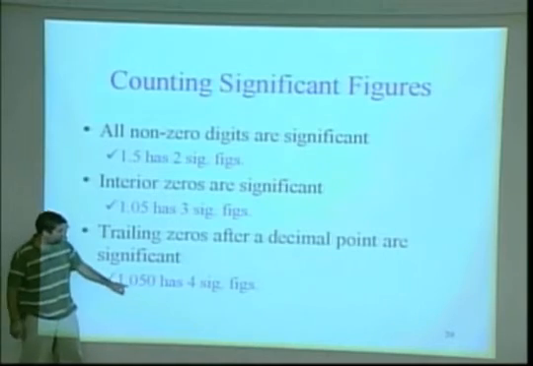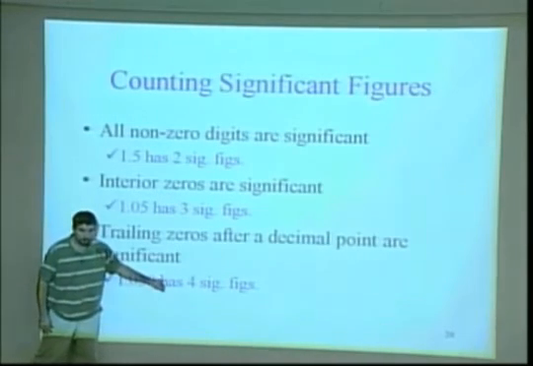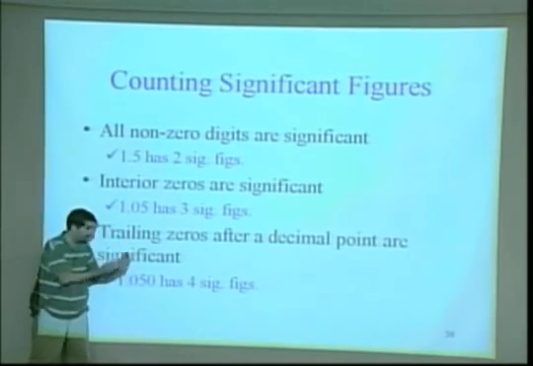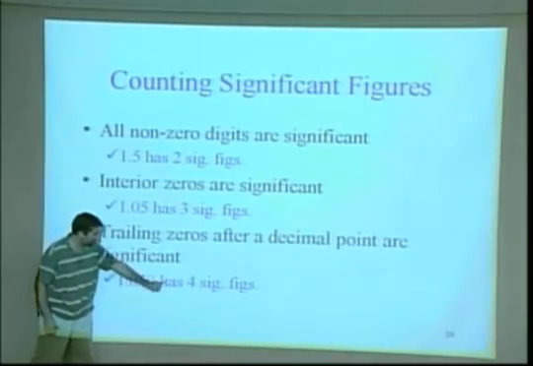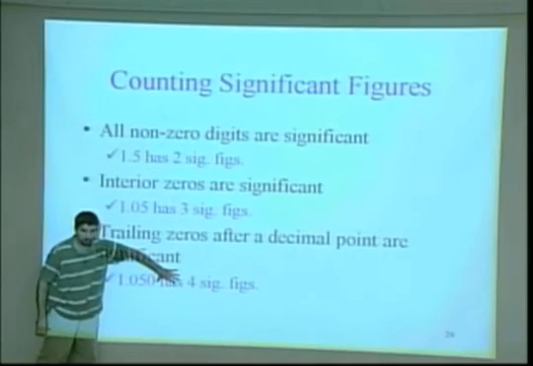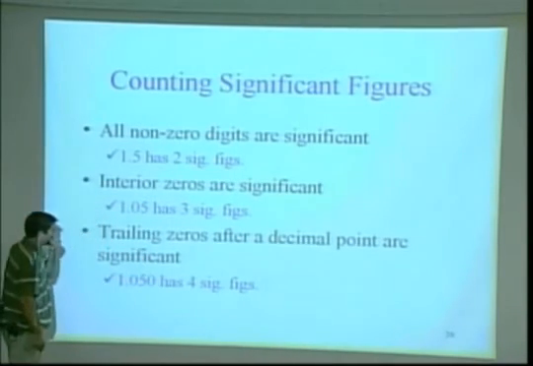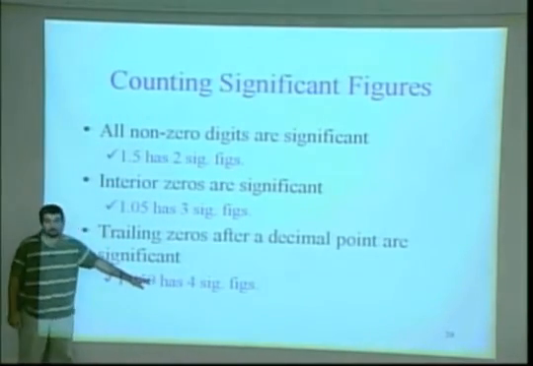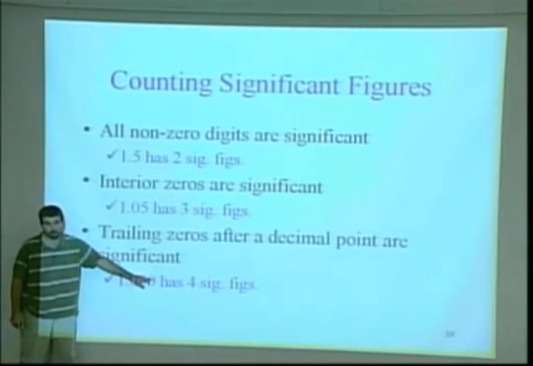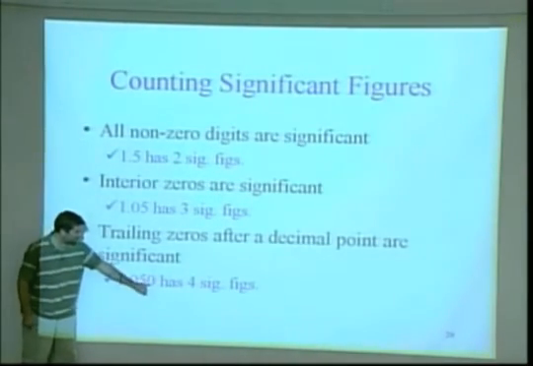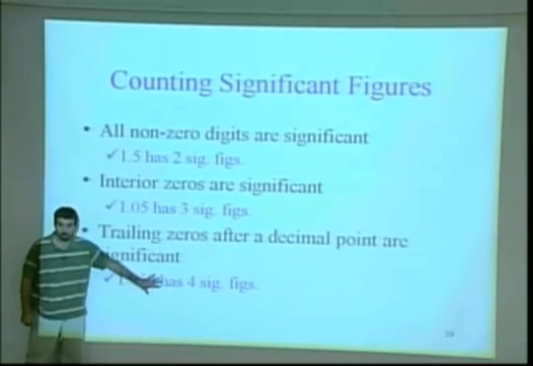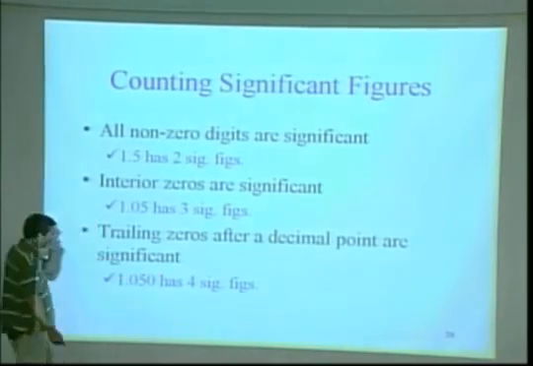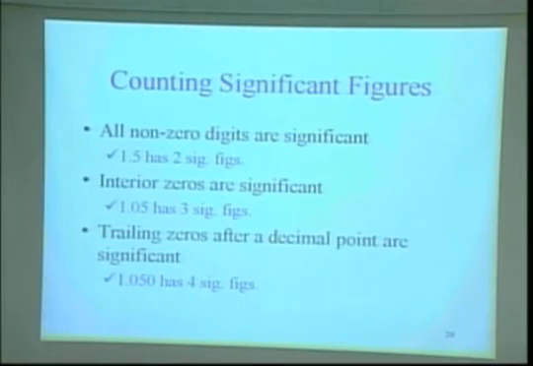What if I wrote 1.0500? Notice now that I've made my range an even smaller number. I've narrowed it down even farther. It is more specific the more zeros I add after this number. As written right now, that 0 is important in expressing my certainty, because by adding it there, I show you not only am I sure about this number, but I'm sure about the next number. I'm narrowing my range. All right, so there are 4 sig figs there. So there's 2 here, 3 here, 4 there.